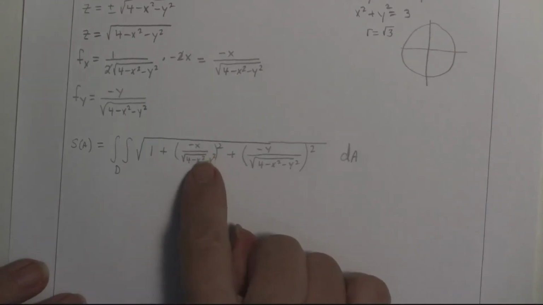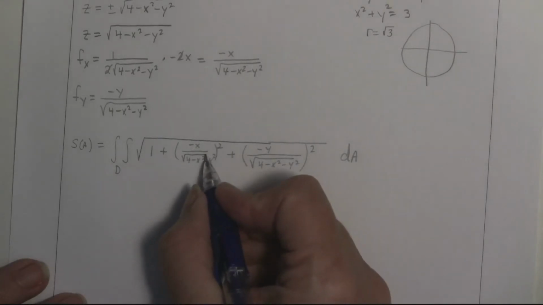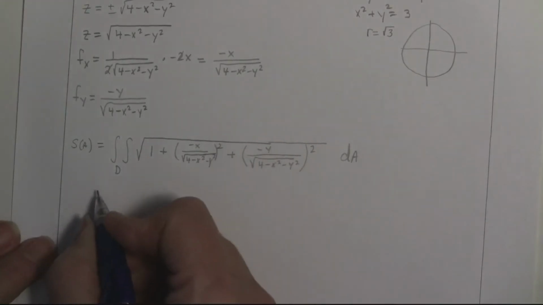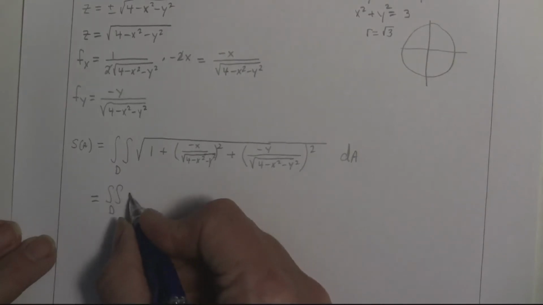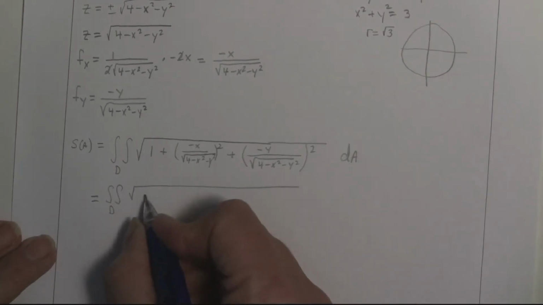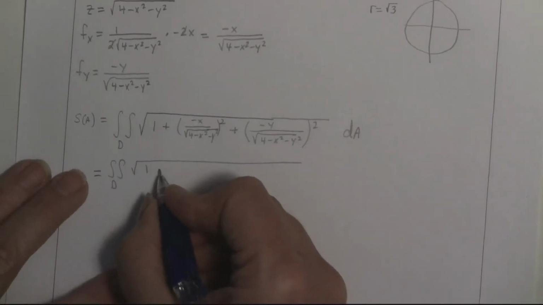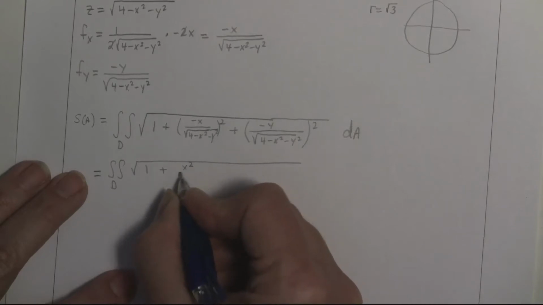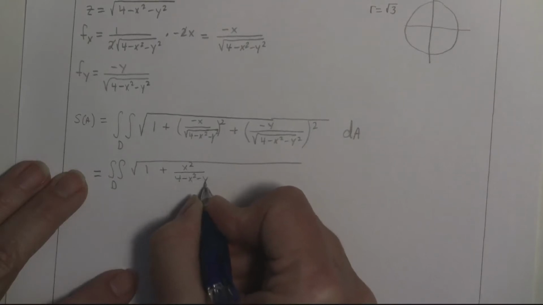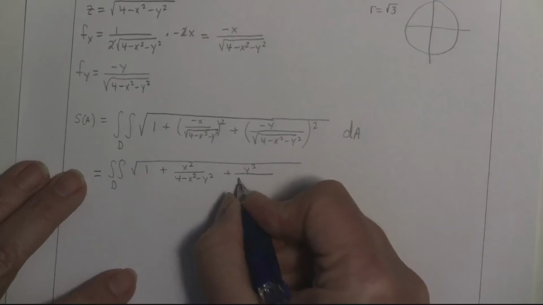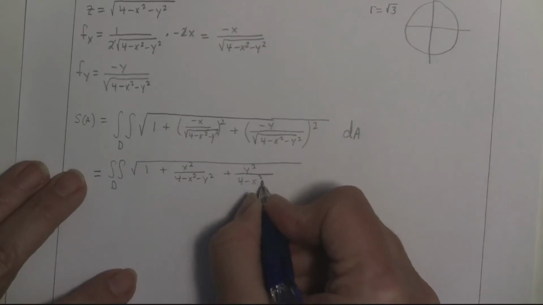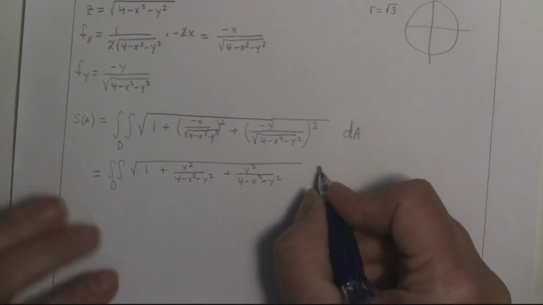But when I square a square root, I just get that radicand back. So this ends up being this double integral, and I'm going to have here 1 plus x squared over 4 minus x squared minus y squared, plus y squared over 4 minus x squared minus y squared, dA.